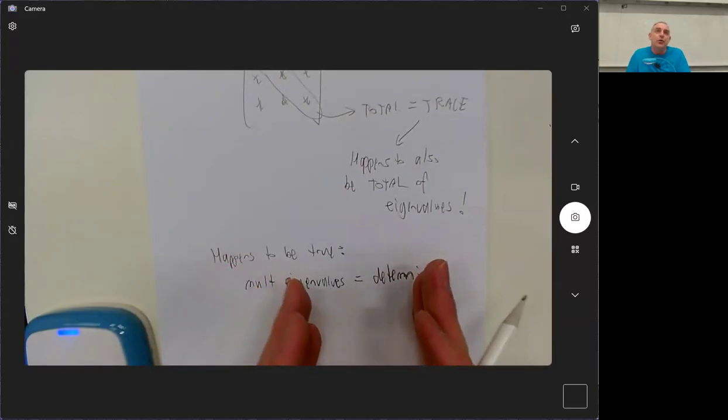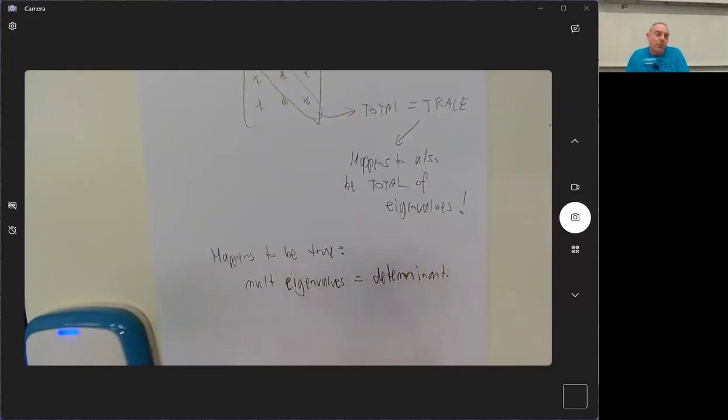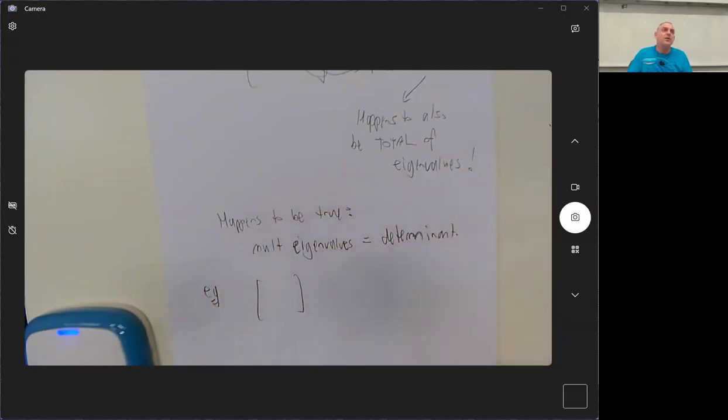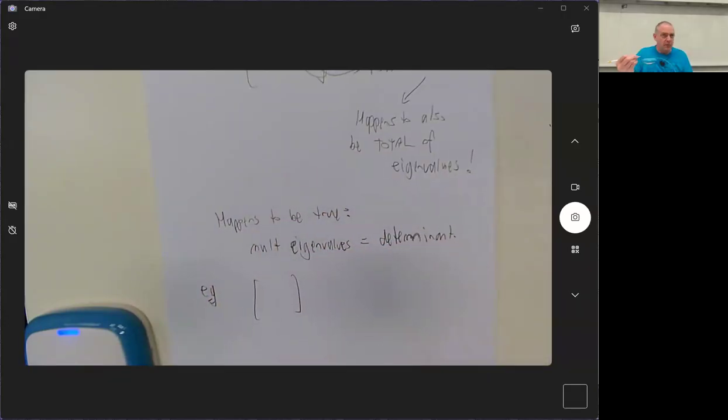And the reason why this is so cute from a maths problem point of view is that if you have a 2 by 2 matrix, you can tell the eigenvalues just from reading the trace and the determinant. So if you've got a 2 by 2 matrix, let me see if I can make one where I know what the eigenvalues are.